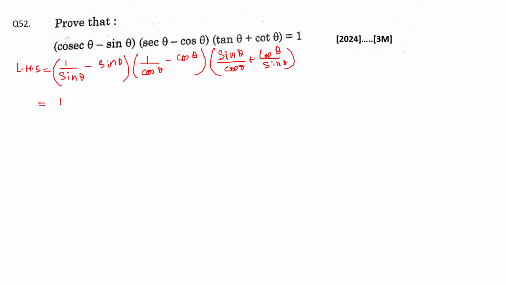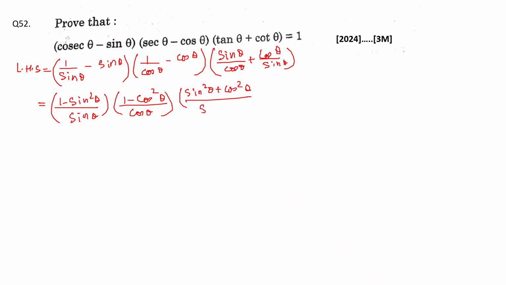So it is equal to (1 minus sin square theta) by sin theta, then (1 minus cos square theta) by cos theta, then (sin square theta plus cos square theta) by (sin theta into cos theta).